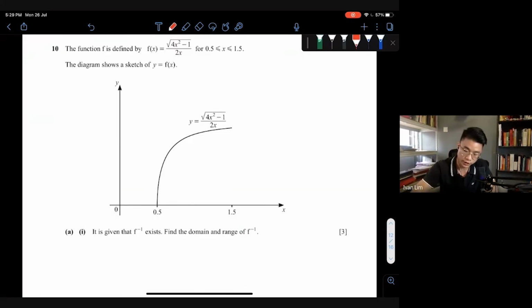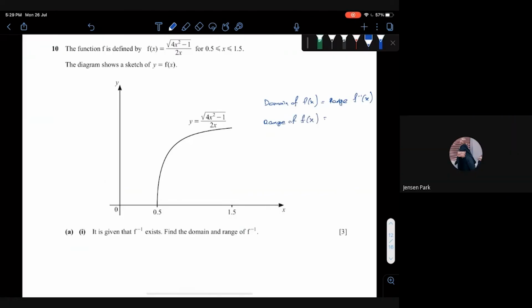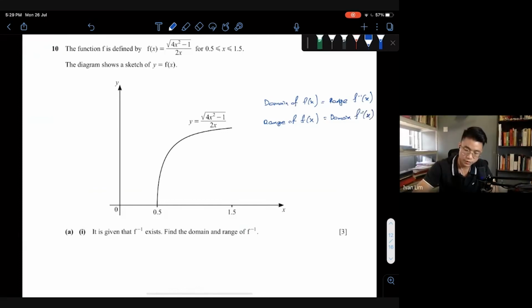Okay, so the domain of f(x) will be equal to the range of f inverse x, and the range of f(x) equals the domain of f inverse x. So this is what you all need to know. Okay, so let's look at this graph.